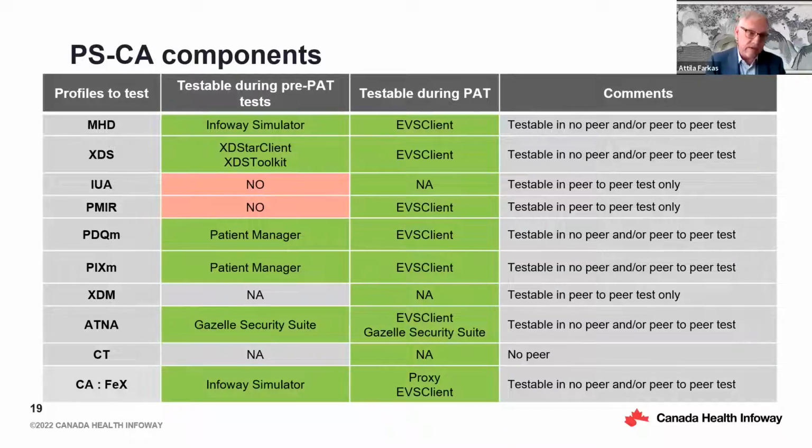The left side is all the profiles that we were hoping to test for. These are the ones you will find in the reference architecture. They're all listed there in those boxes.